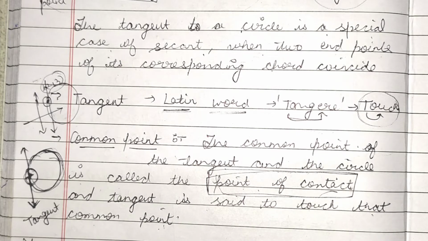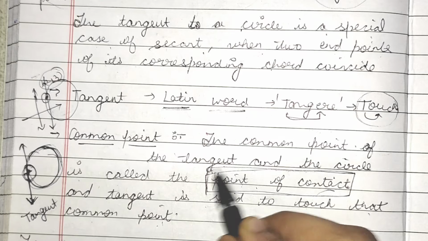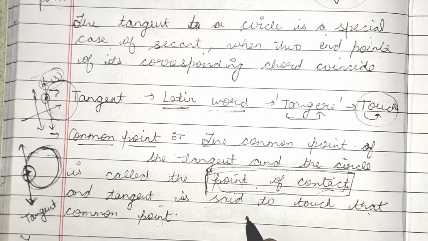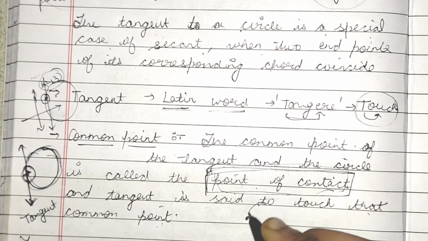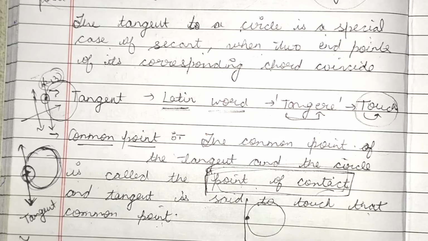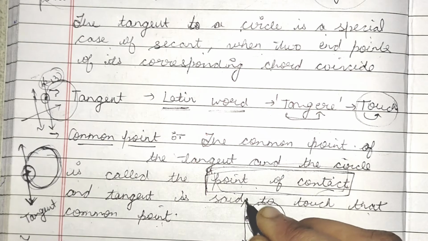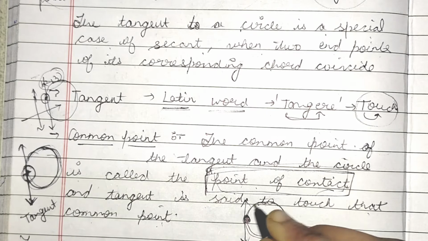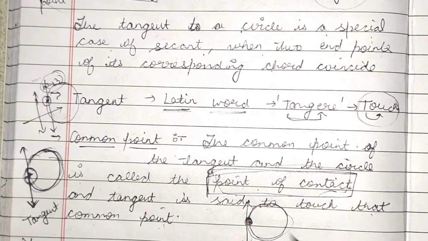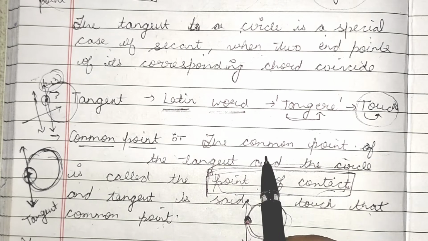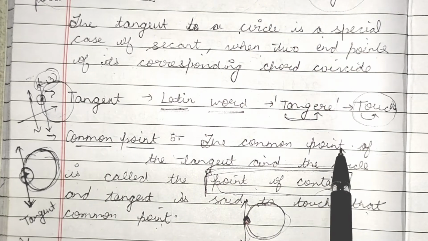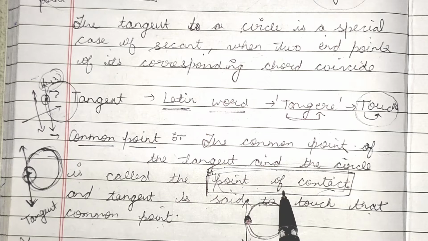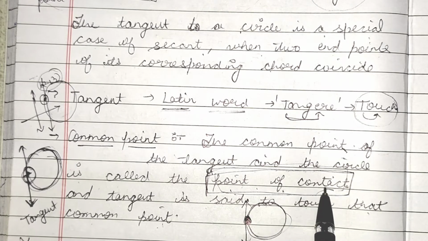It is called a common point, or a point of contact.